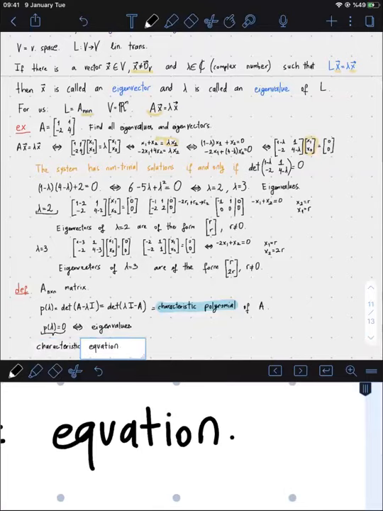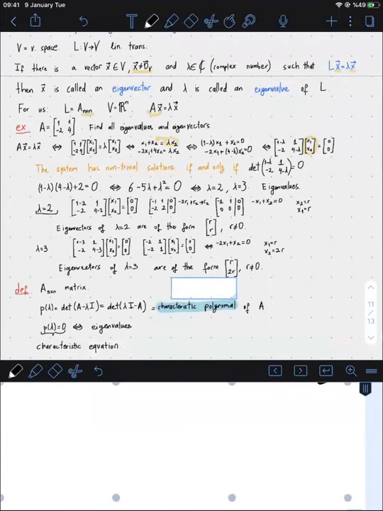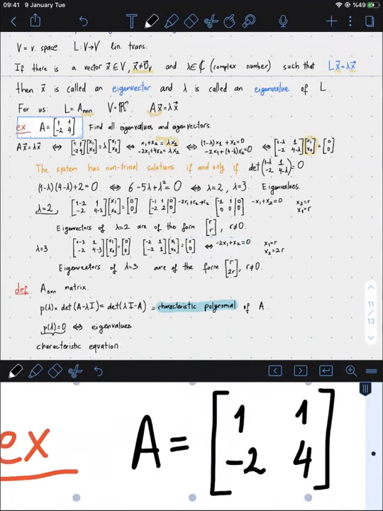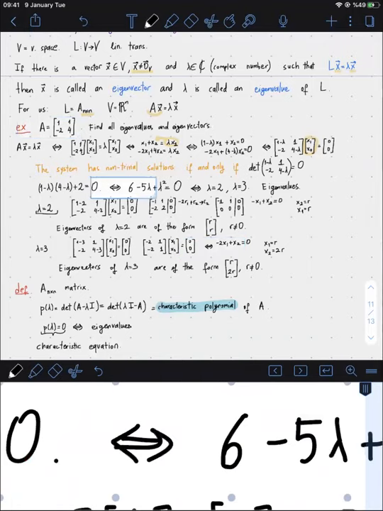Okay, so if we go back to the last example, how did we get this characteristic equation? This is the characteristic equation of this matrix. This matrix has the characteristic equation given by this polynomial.